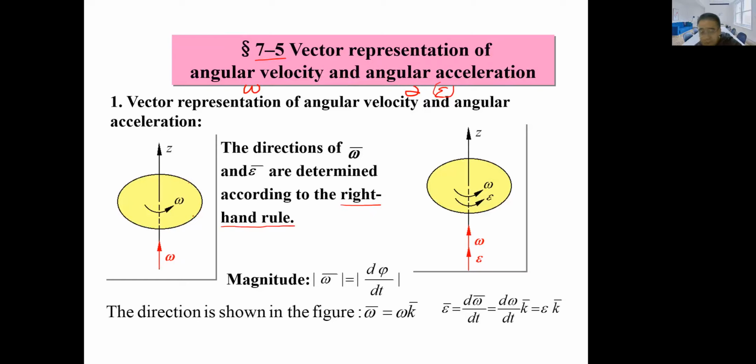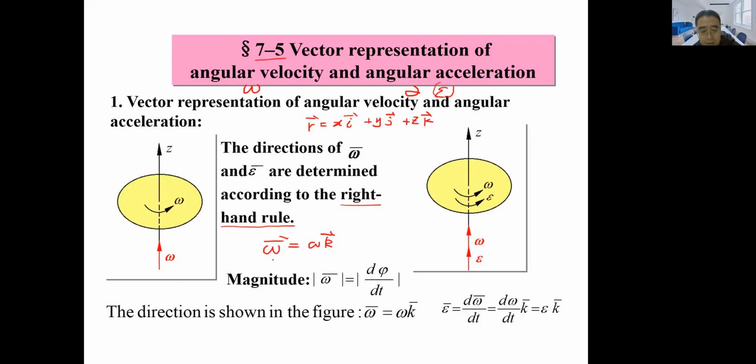So we can write it like a vector. We can write omega, it is a vector, equal to omega k. You guys can recall that when we write a regular vector, it will have three components, x along the x direction, y along the y direction, and z along the z direction, right?